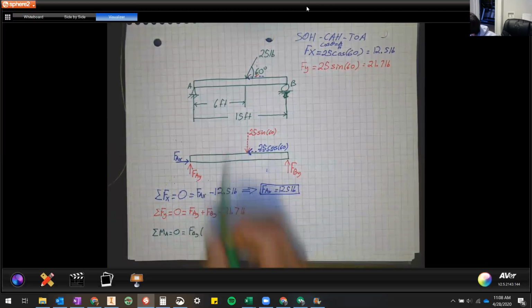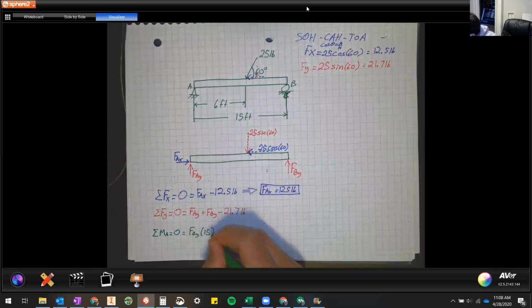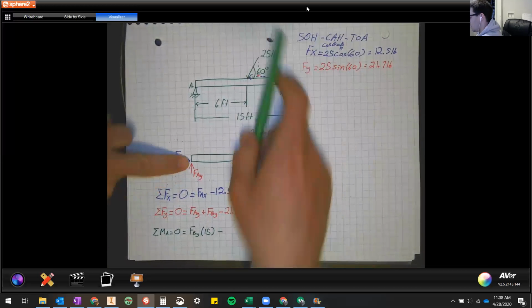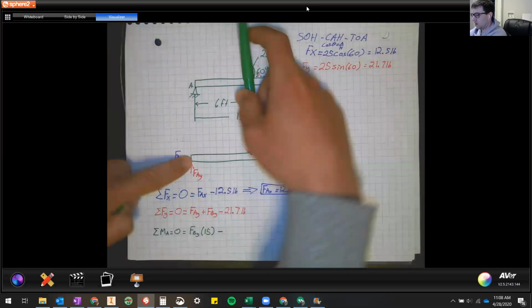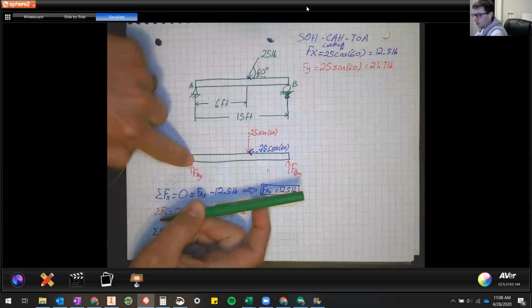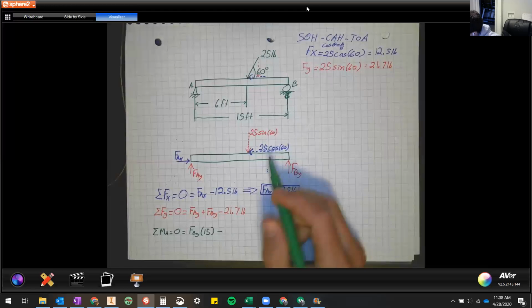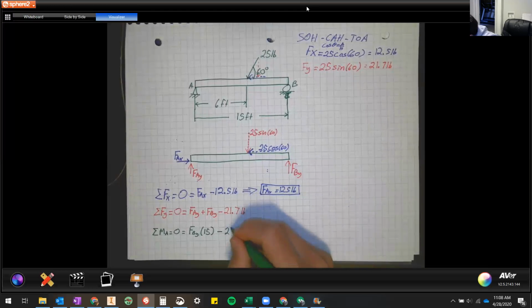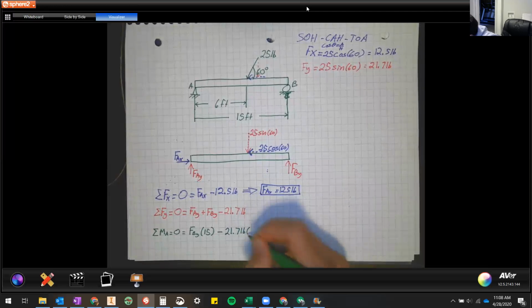So FBY times 15, minus the 25, which is acting down, and so that would be going clockwise. The 25 sine 60, so it's 21.7 pounds, times 6 feet.